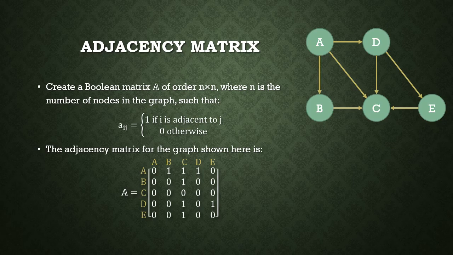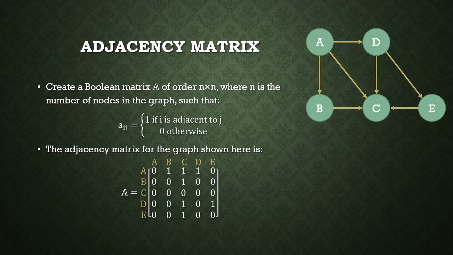Look at the first row. From A, I can move to B, C and D. So their relevant entries are 1. From B, I can move to C. So in the second row, there is only 1 at the intersection of B and C. From C, I cannot move to any node.